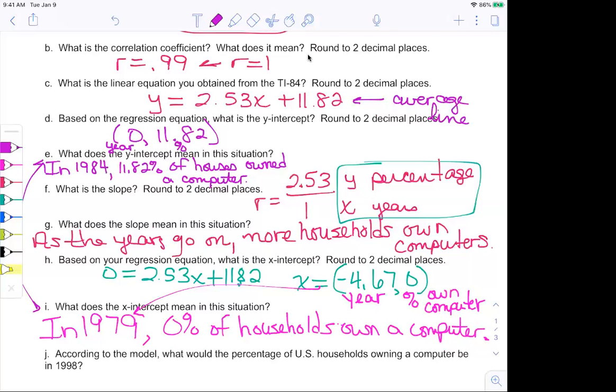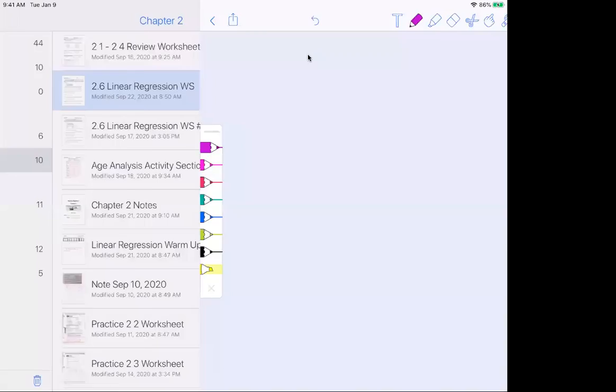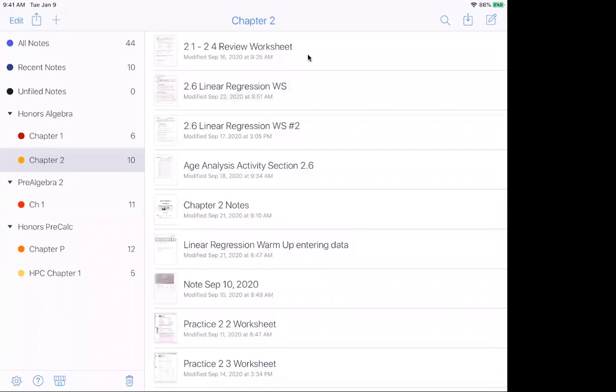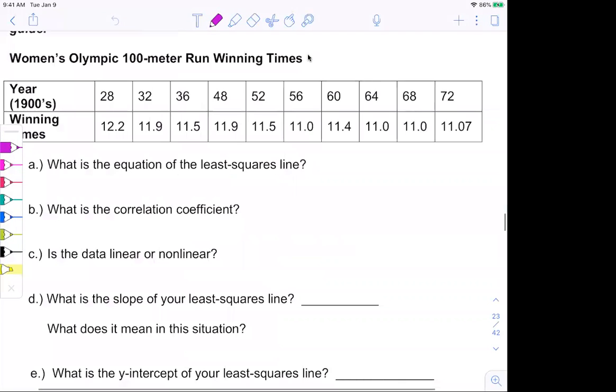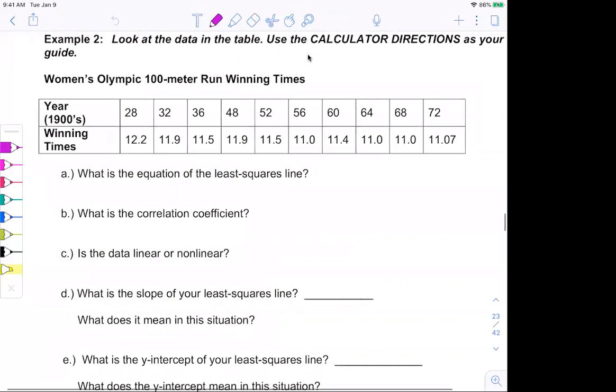All right, so we're going to go to the notes and see if we can do another problem like this. If you want to turn, there's one more example in your packet. It actually deals with the Olympics and the 100-meter dash in the Olympics.